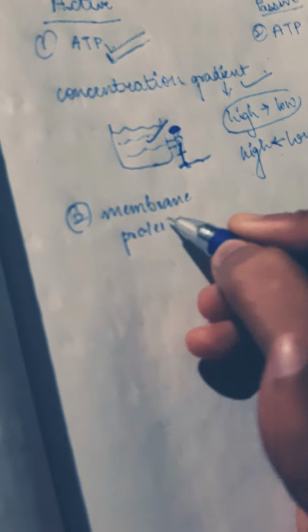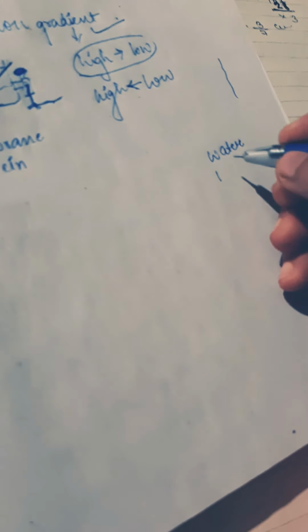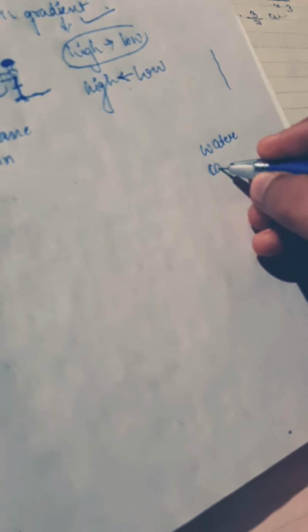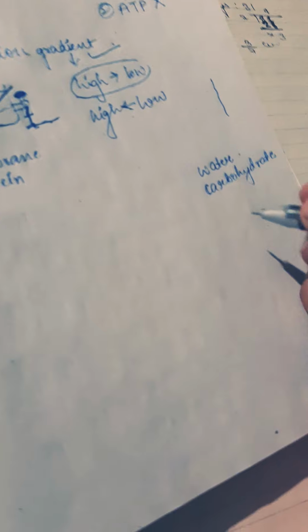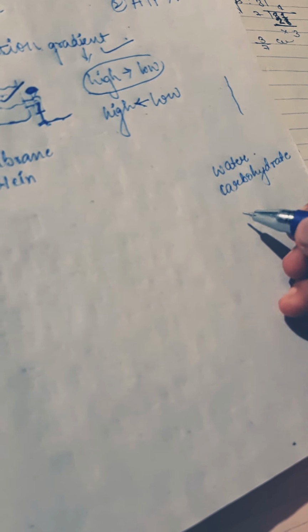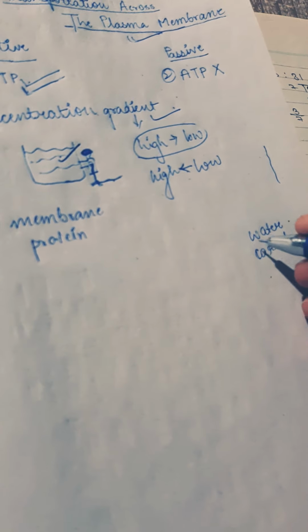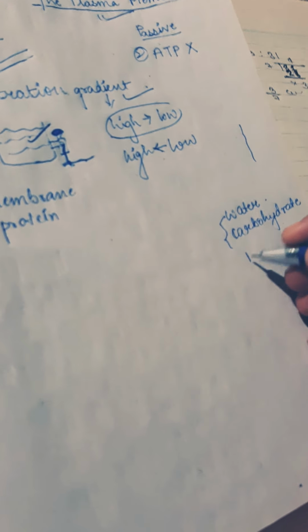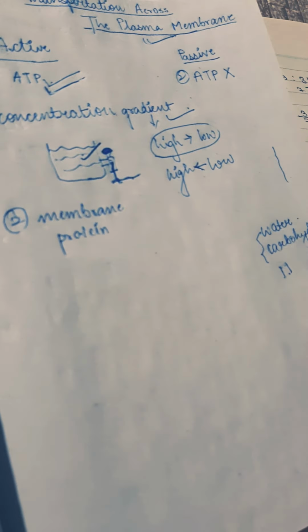That is because certain substances like water, hydrophilic materials, carbohydrates and all need a channel. They need a channel because they are not soluble in lipids. The plasma membrane is made up of lipids and proteins, so substances like these either are larger in size or they are not soluble in water. That's why they need a membrane protein.